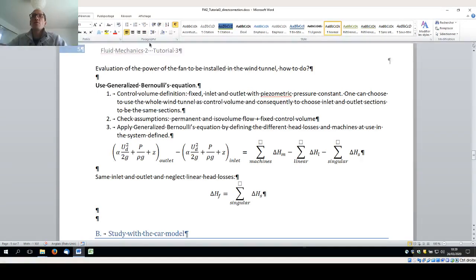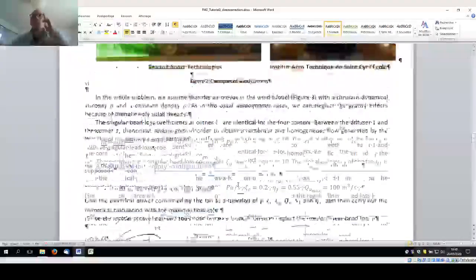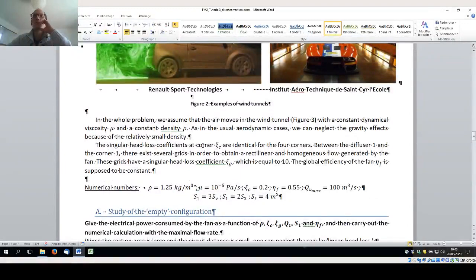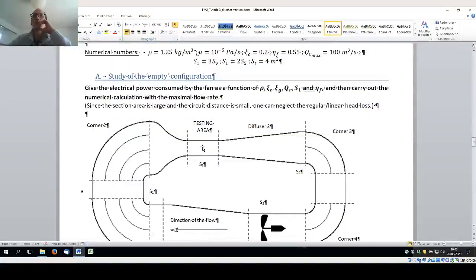So what remains to do is to evaluate all those singular head losses. You need to evaluate the different singularities. The different singularities are provided in the subject. So you have corners, okay.